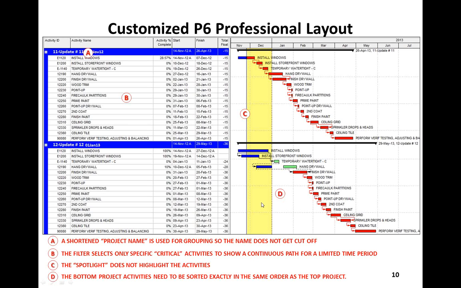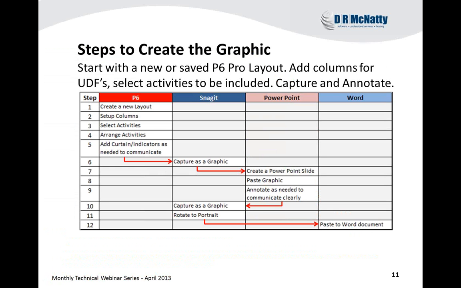So, again, down here in the lower pane, I've got my activities sorted the exact same way because I've used a user-defined field for my sort. The steps to create the graphics are: I create my layout, setting up my columns and activities and organizing them, add my curtain indicators and get it positioned just the way I want it.